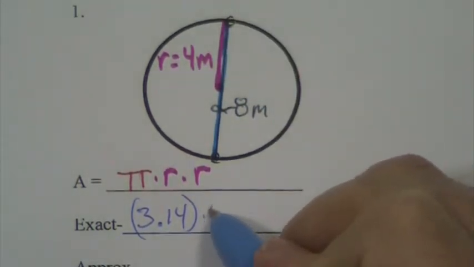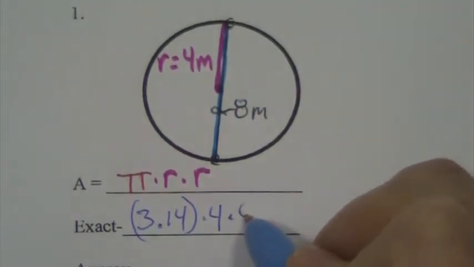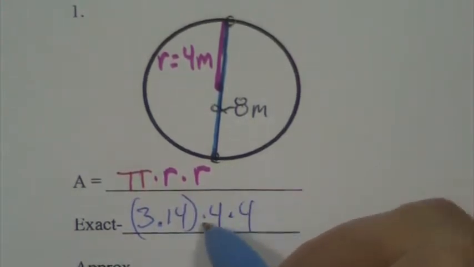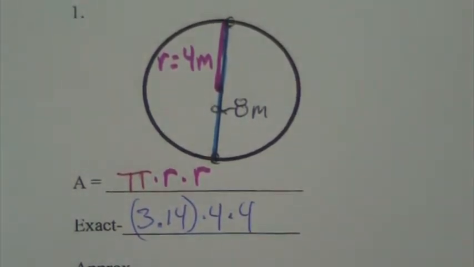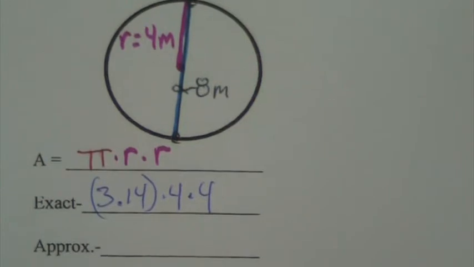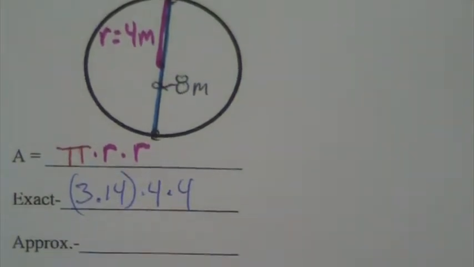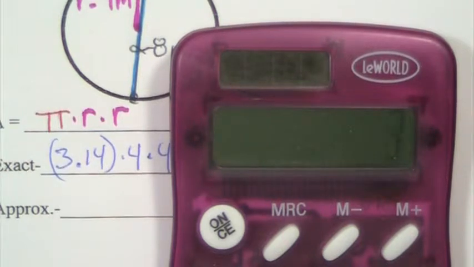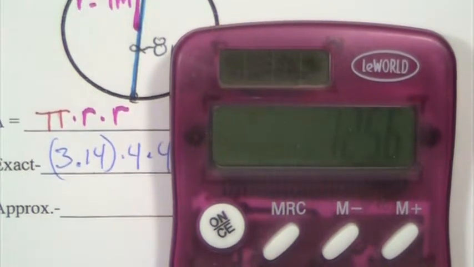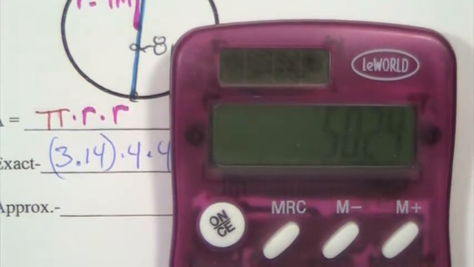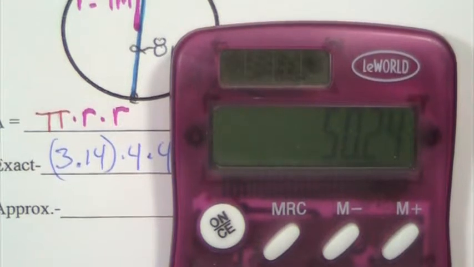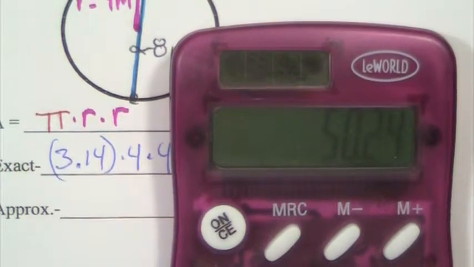So I'm just going to say times 4 again, because that's 4 squared. Now I need to calculate that. I will use a calculator. So I have 3.14 times 4 times 4, or I could have said 16. And I get 50.24.